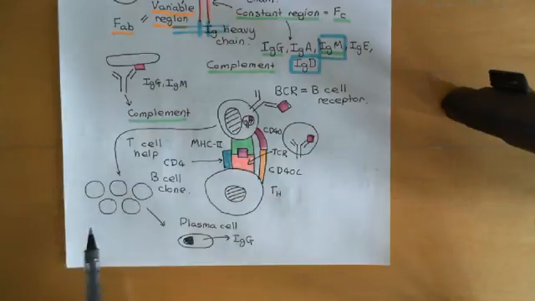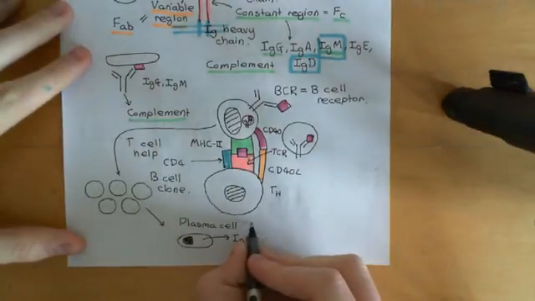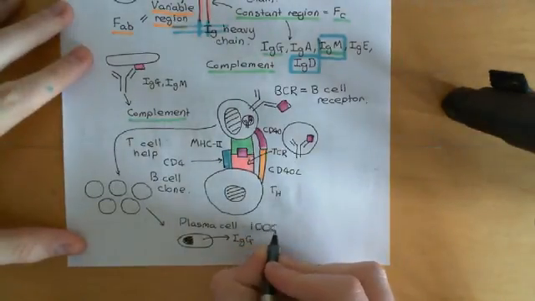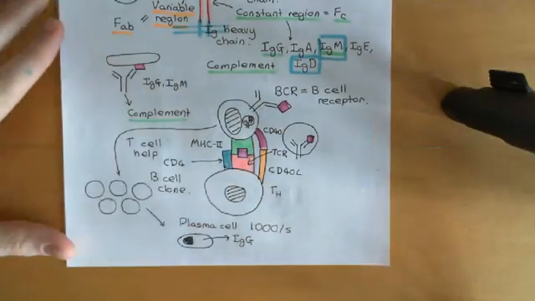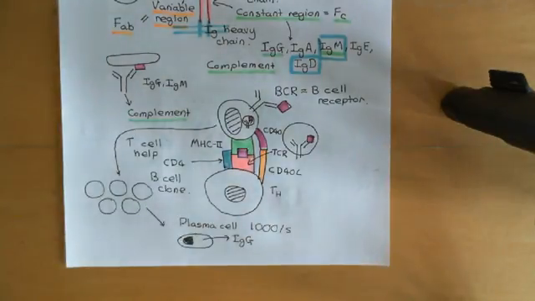The B cell will then proliferate, producing an entire clone of B cells, which all produce this identical antibody molecule, and then some of those will differentiate on to become plasma cells, which are the cells which actually start chucking out a huge number of antibody molecules. It's estimated to be around 1,000 antibody molecules per second, so it's a huge turnover of antibody molecules.